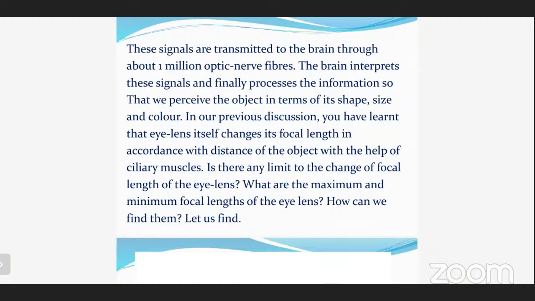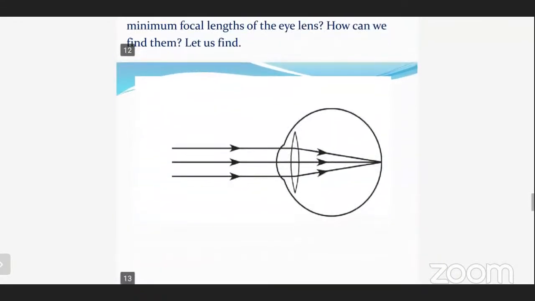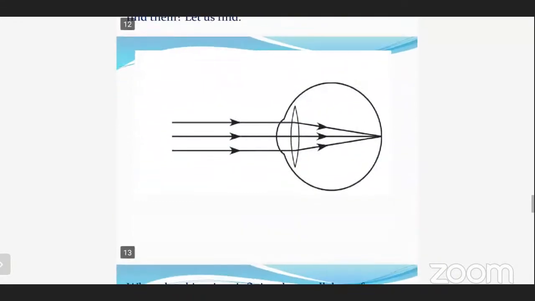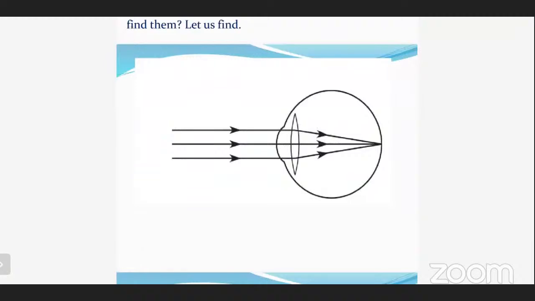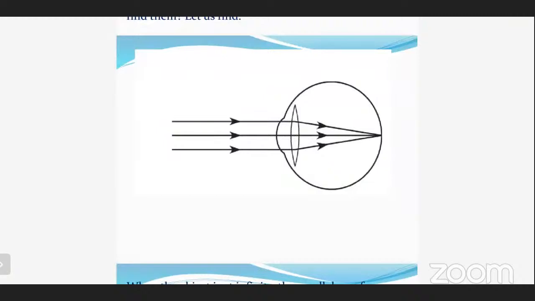Here, the eye lens and ciliary muscles adjust the focal length. So how can we find it? A limited focal length helps our eye to see any object. So what is the focal length used for our vision?